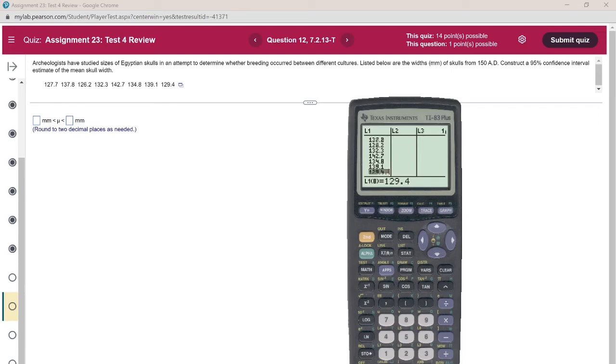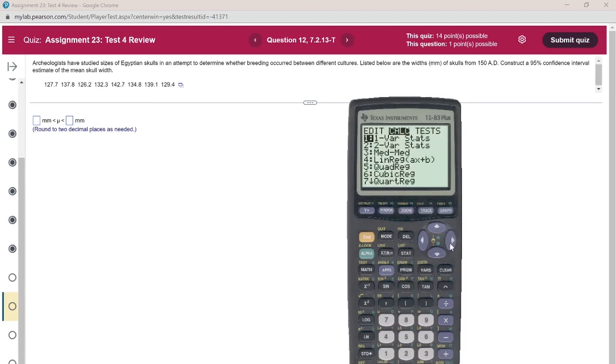Let me just double check this data here. 1 2 3 4 5 6 7 8, 129.4, 139.1, 134.8, 142.7, 132.3, 126.2, 137.8, 127.7. Okay, that's all. So that's the data.